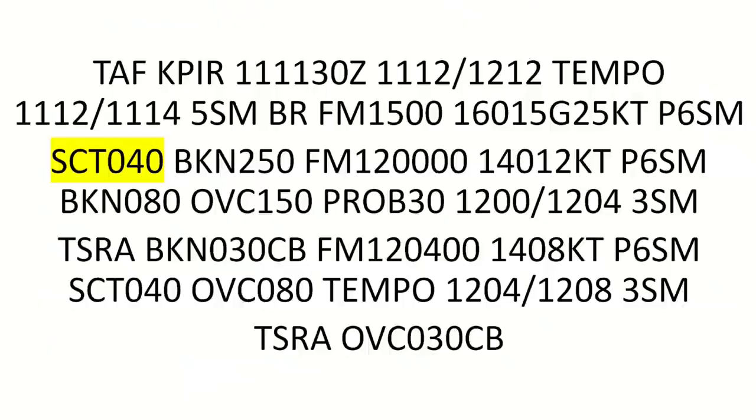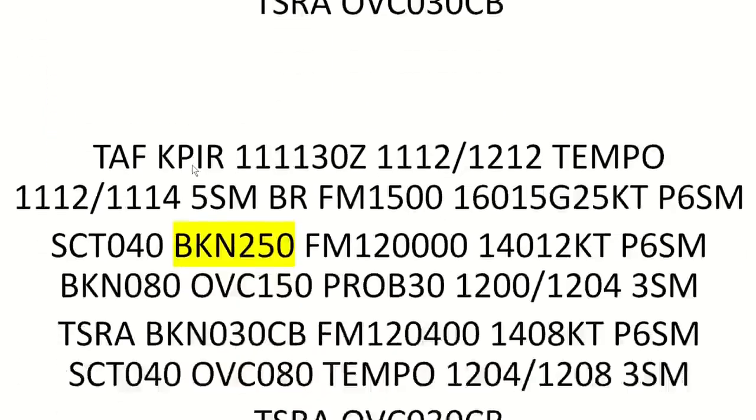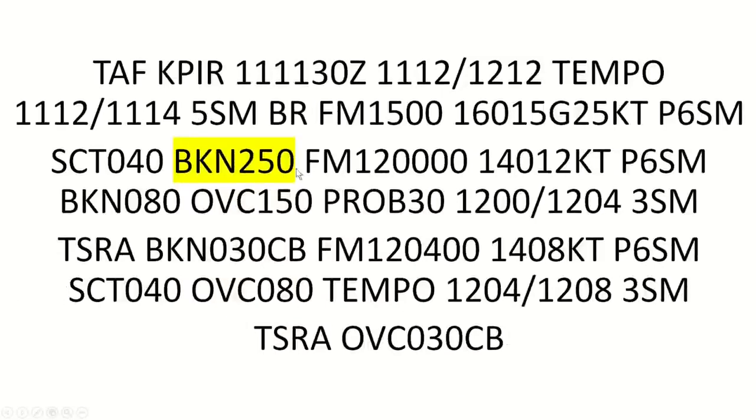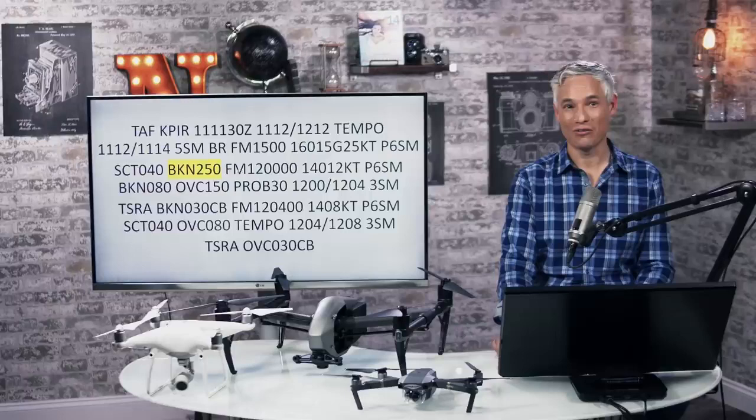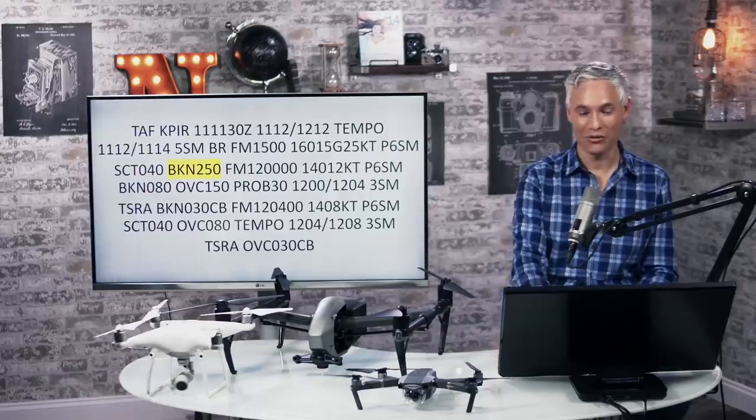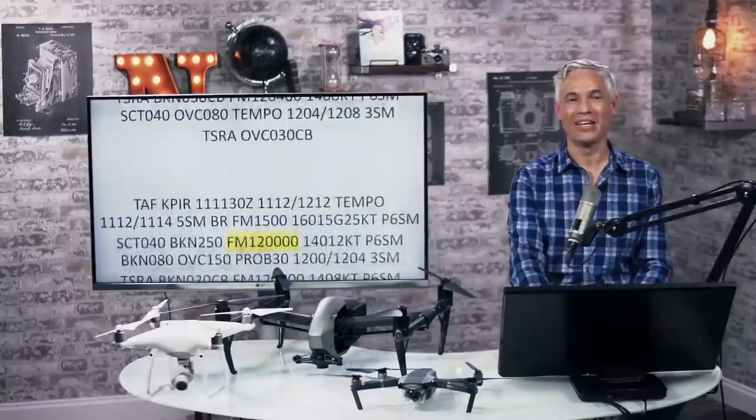SCT means scattered clouds at, what's the altitude here? Remember, we add 2 zeros. So 4,000 feet. Scattered clouds at 4,000 feet. Broken clouds at, add 2 zeros, 2,500 feet. No, 25,000 feet. Broken clouds at 25,000 feet. It gets really confusing to add 2 zeros. It'd be way easier if you added 3 zeros, but that's not how they do it.